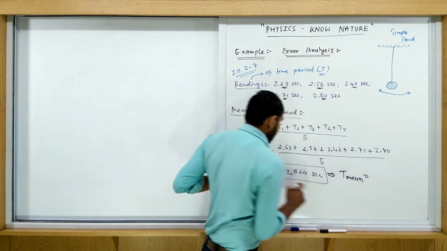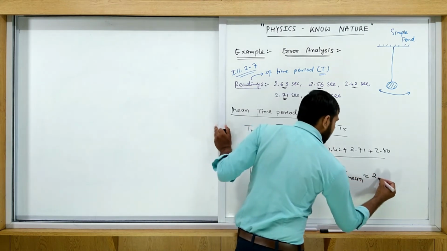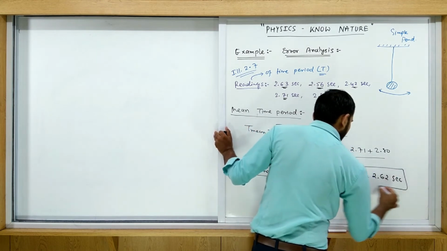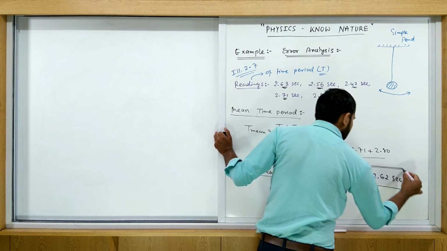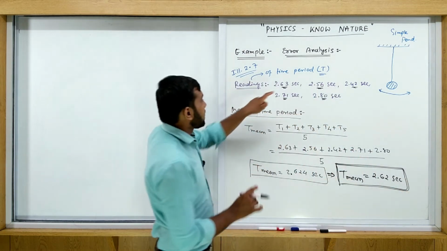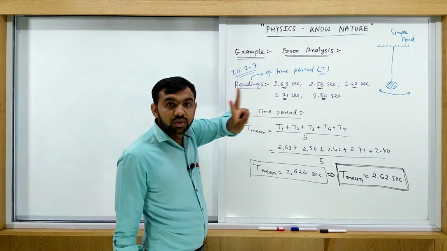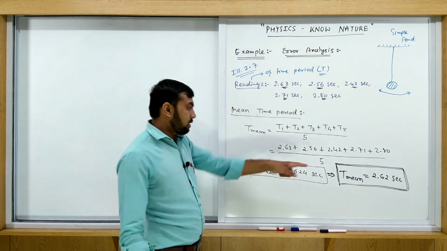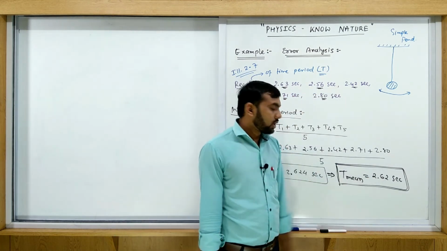T mean is equal to 2.62 second. Why? Because all these readings are given with 2 digits after the decimal, so we must write this answer up to 2 as well.